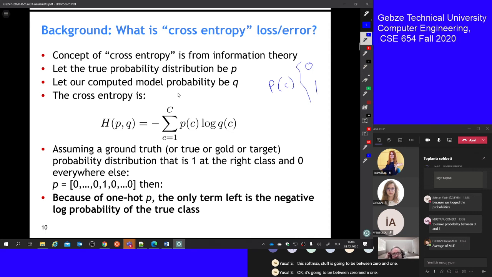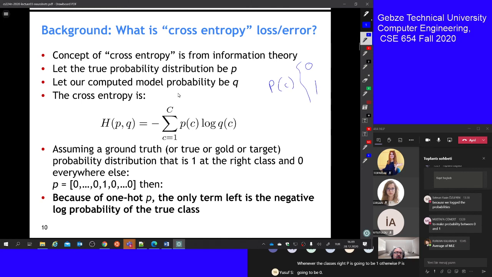Okay, so to calculate a value that tells me that I am doing good, this is a way of explaining it. This is called a cross entropy. Whenever the class is right, P is going to be 1. Otherwise, P is going to be 0.